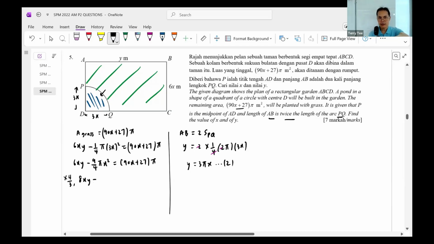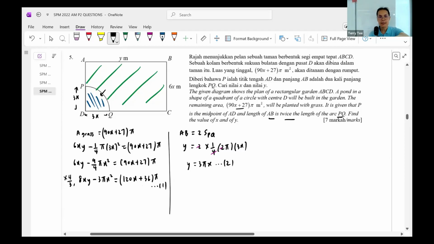I multiply by 4, get 4, divide by 3, I get 3 pi x squared. 90 divided by 3 is 30, 30 times 4 is 120x. 27 divided by 3 is 9, 9 times 4 is 36 with a bracket pi. So this is equation number 1.